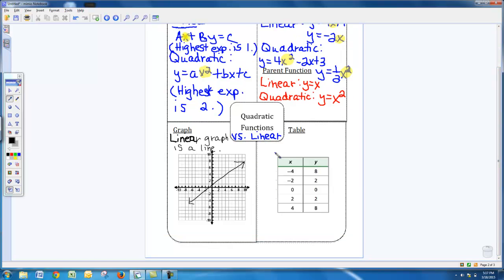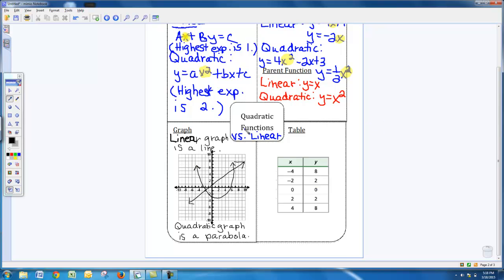A quadratic graph has a shape that we call a parabola. And a parabola is basically a U shape. So a quadratic graph is a parabola. And I'll draw a parabola on here for you.